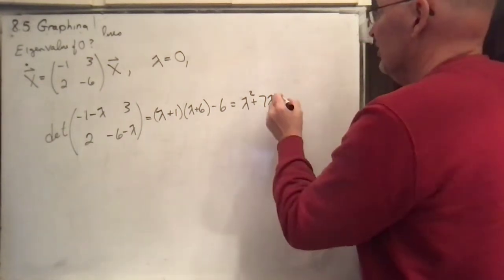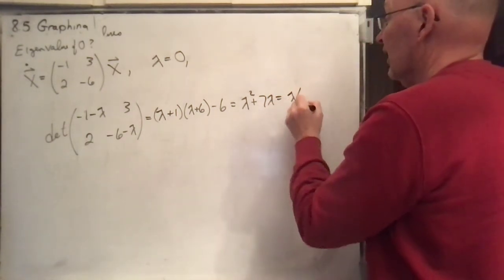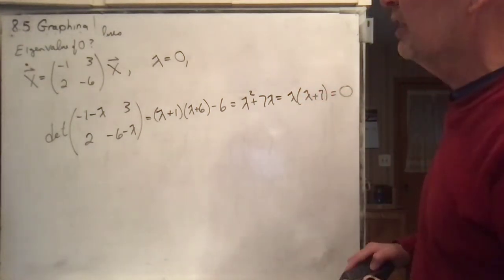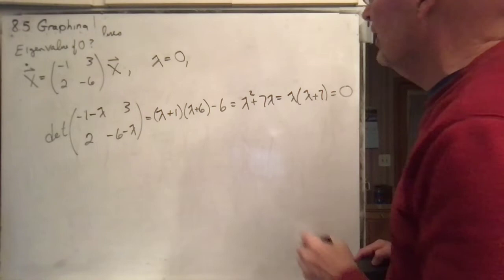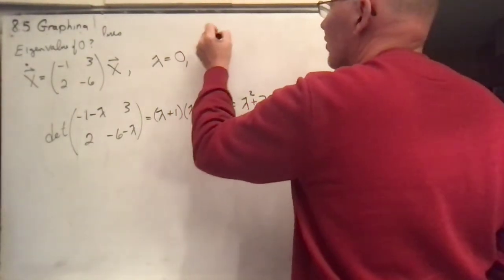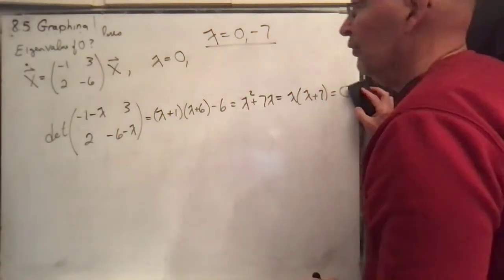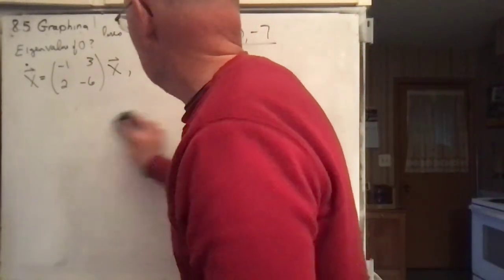And I get this is, of course, equal to lambda times lambda plus 7 is equal to 0. So sure enough, I think my memory was right. The two eigenvalues are lambda is equal to 0 and negative 7. Okay, those are your two eigenvalues.